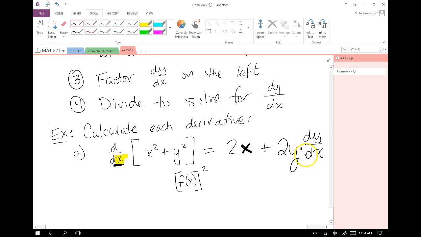But we would have to do power rule and then also multiply by the derivative of the inside. If at some point we find out what it is, this tells us what we're supposed to do. So it's 2x plus 2y dy dx.